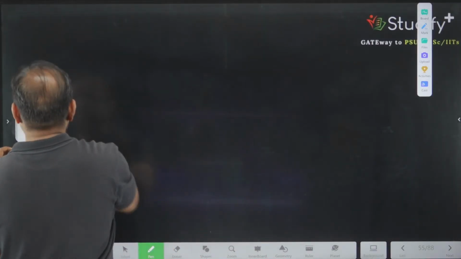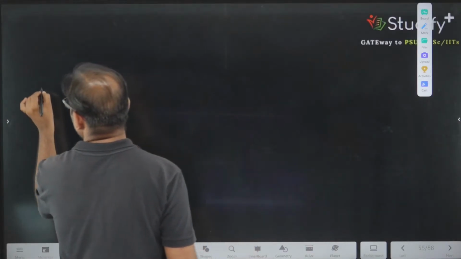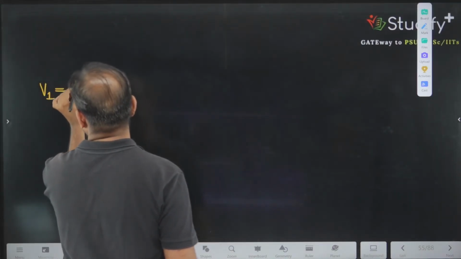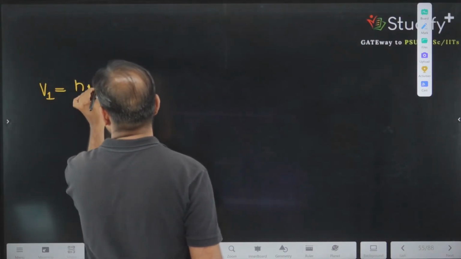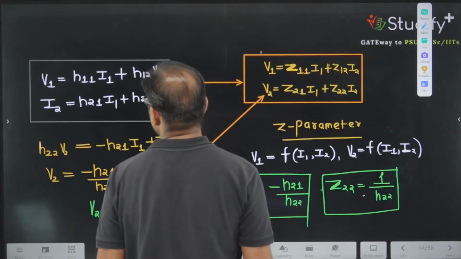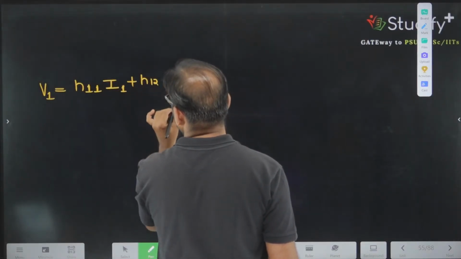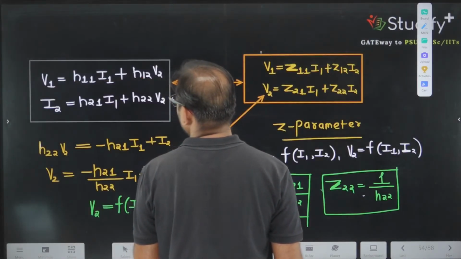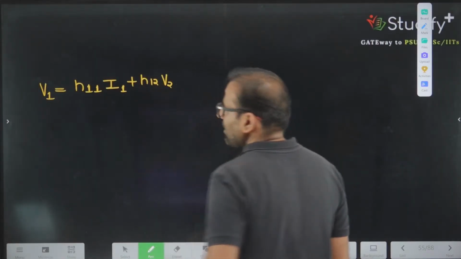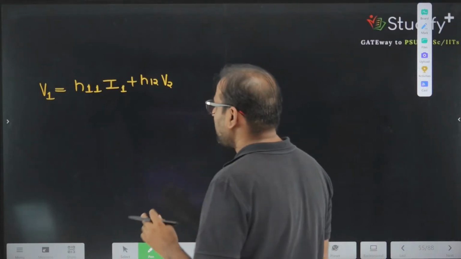Our equation is V1 is equivalent to H11 I1 plus H12 V2. But suppose I want to represent this in terms of the Z parameter, then what is the problem?